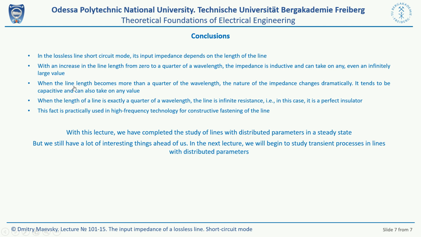When the line length becomes more than a quarter of the wavelength, the nature of the resistance changes dramatically. It tends to be capacitive and can also take on any value. When the length of a line is exactly a quarter of a wavelength, the line has infinite resistance and is a perfect insulator.